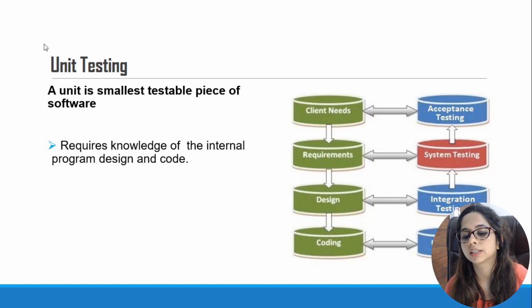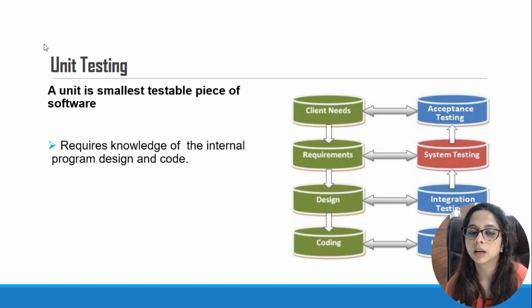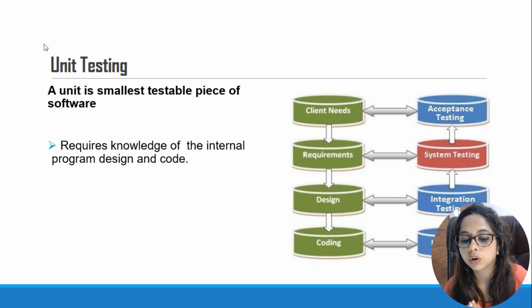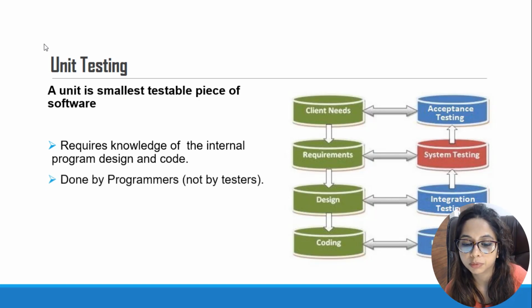So unit testing, a unit is the smallest testable entity of the software. It is tested by the developer who is creating it, and it will be sent forward. What are the requirements? It requires knowledge of the internal programming logic and the design and the code, of course, because the developer himself is doing it, and at the same time unit testing requires internal coding knowledge for it to be performed.